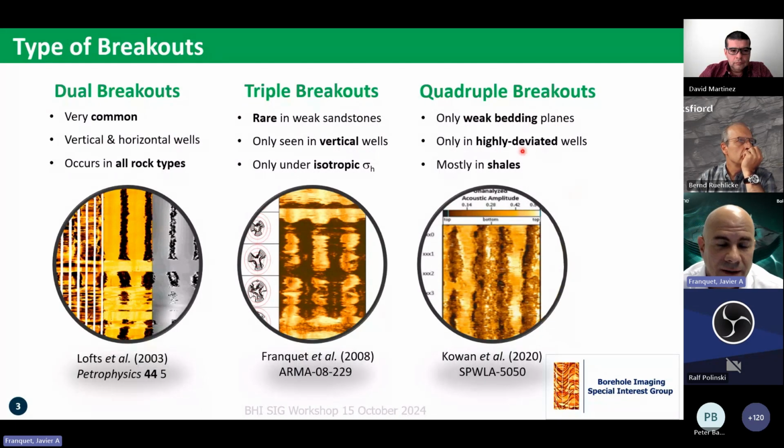These happen in highly deviated or horizontal wells, very common in unconventional horizontal wells, so they are mainly attributed to shales. Triplet and quadruplet breakouts are rarer, but they are possible.